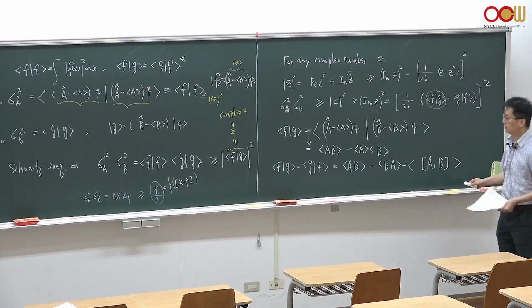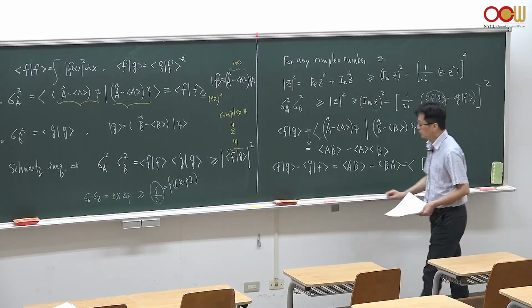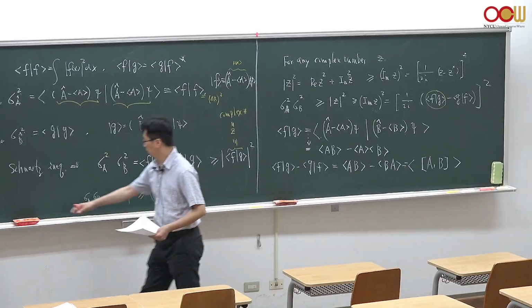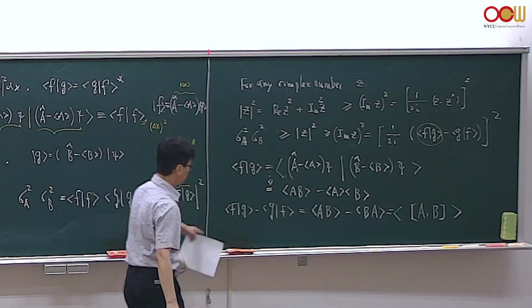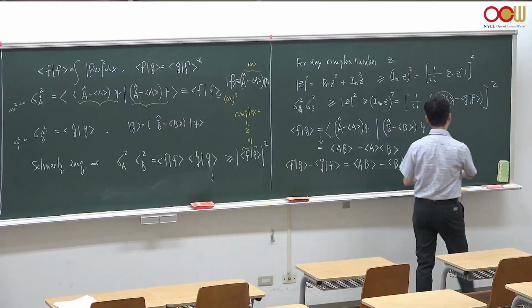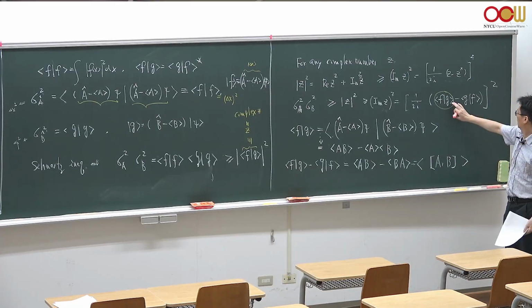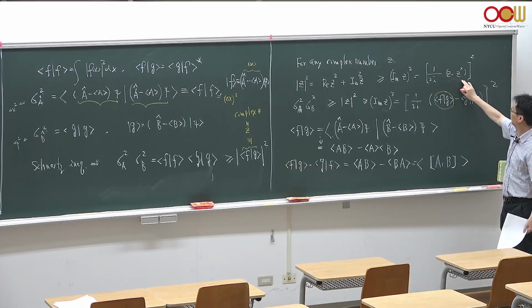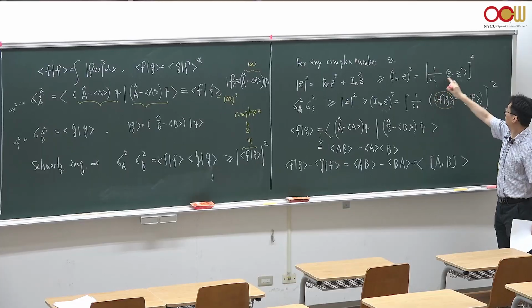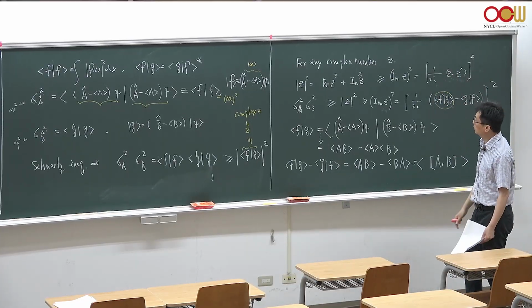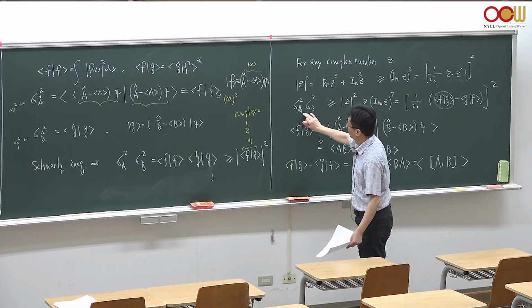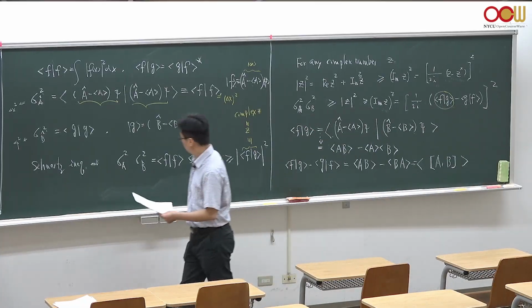So finally, we derive the Heisenberg uncertainty relation. If you plug in the commutator expression as z minus z star, divide this by 2i, and square this number, you put it on the right-hand side of the inequality, and the left-hand side is just the square product of these deviations.